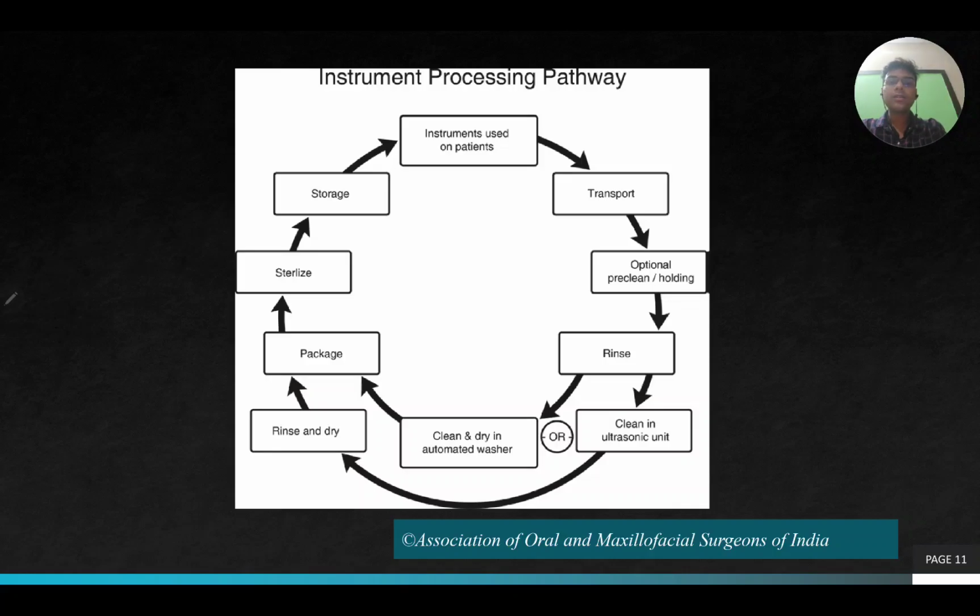The instruments should be cleaned and dried in an automated washer. These should then be packaged, sterilized, stored. Then instruments are used on patients. Then they are transported with optional pre-cleaning or holding, then rinsed and cleaned in an ultrasonic unit.